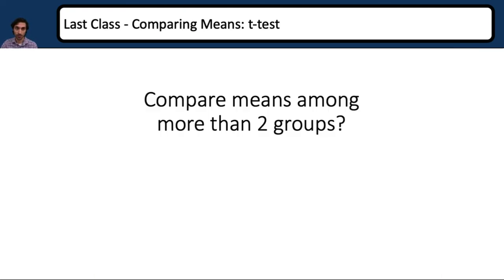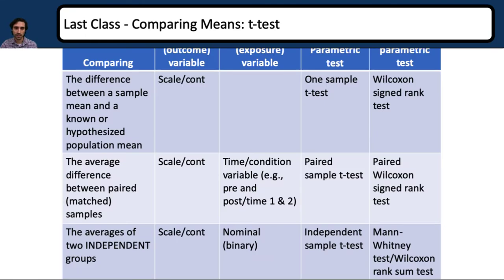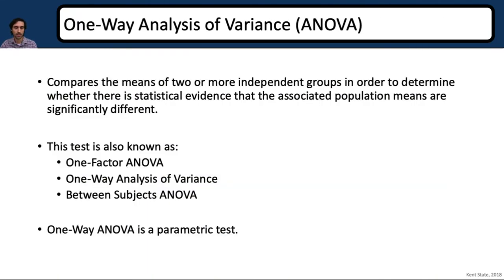So the question is, what happens when we compare means with more than two groups? Prior we just had a control and an intervention, or the same group. But now what if we're comparing a lot more? Well, it takes a different type of test, and that is a one-way analysis of variance, also known as an ANOVA.